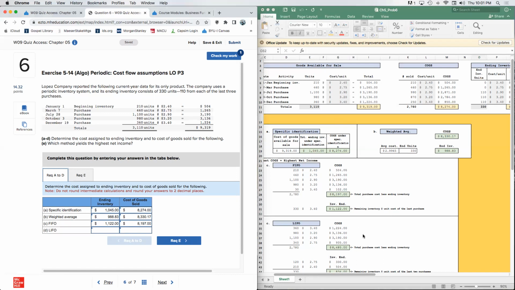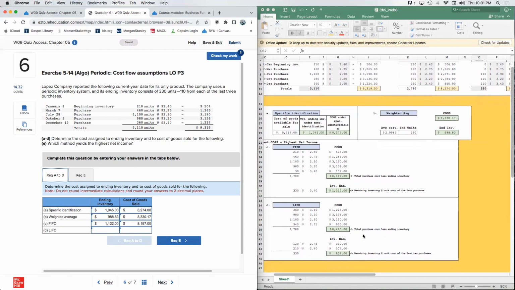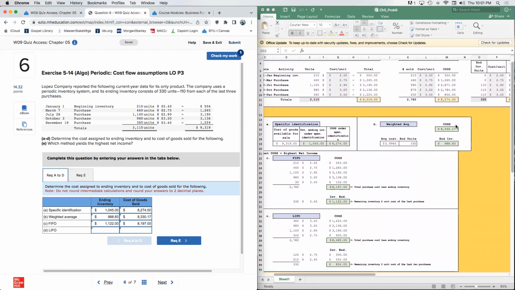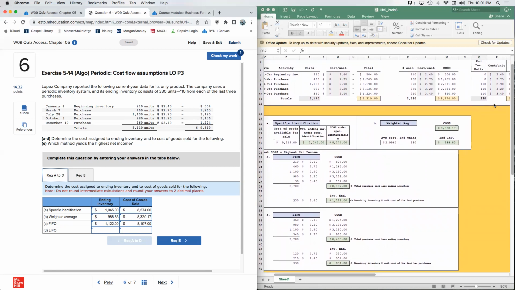And so for the last in, first out, same idea. We know we have 330 left. However, instead of starting from the end, we know 330 is going to be taken out of what's left from the beginning of the year's purchases. So 330 is greater than 210, so we know we've used all the 210 purchases.